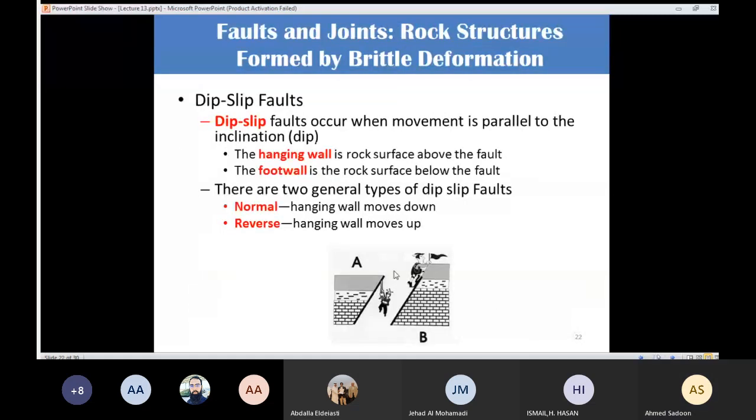And again, we need to understand a very crucial idea, which is the hanging wall and the foot wall. So assume rock A and rock B were one unit and you were sitting here.